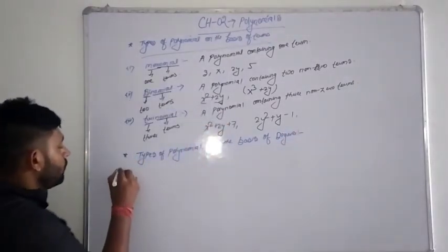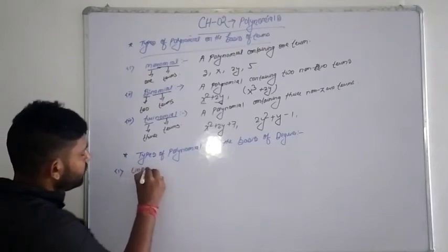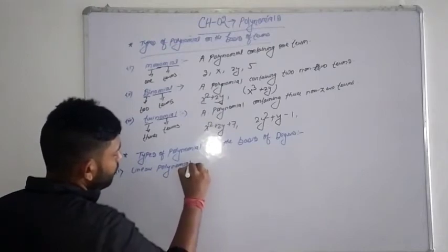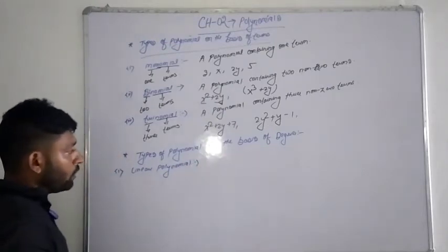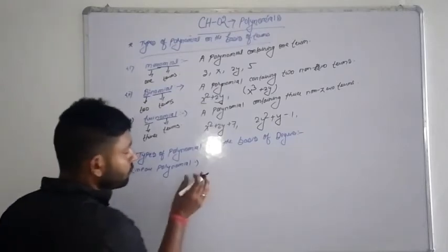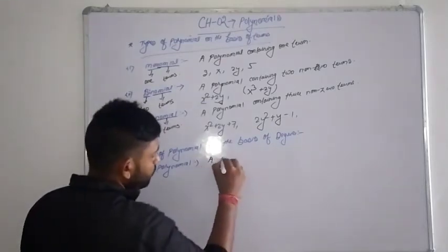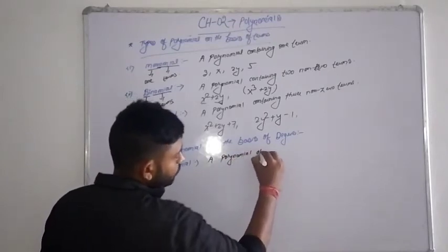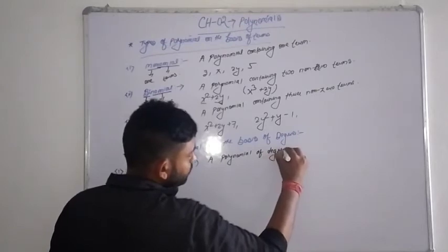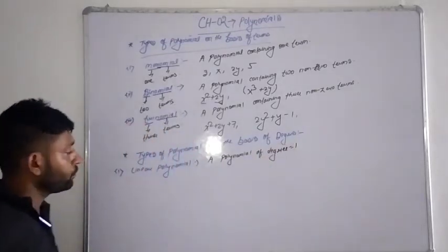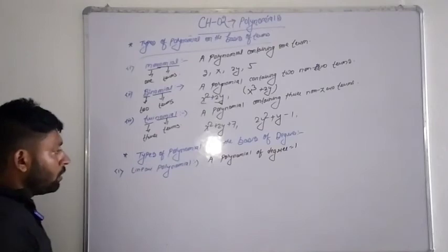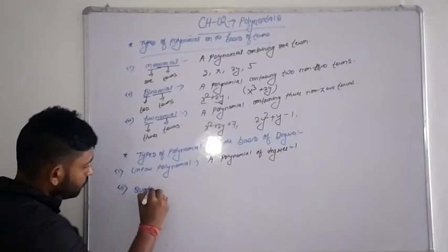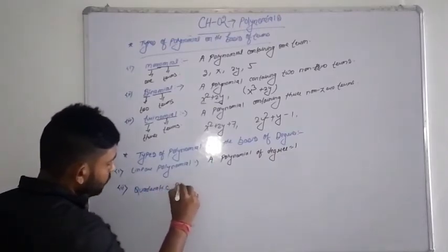Now, number 1, linear polynomial. That means a polynomial of degree equal to 1. Number 2, quadratic polynomial.